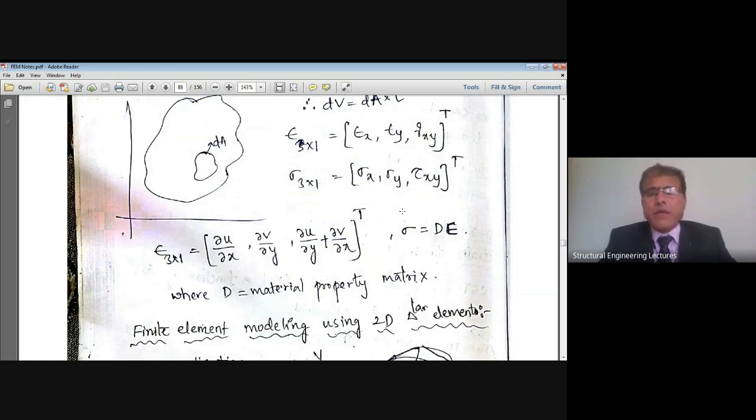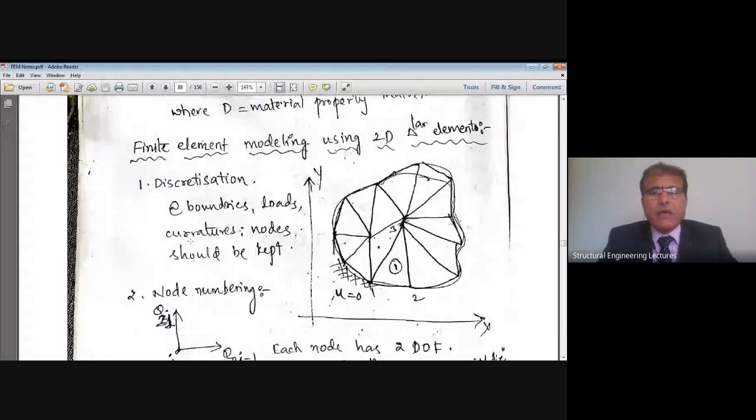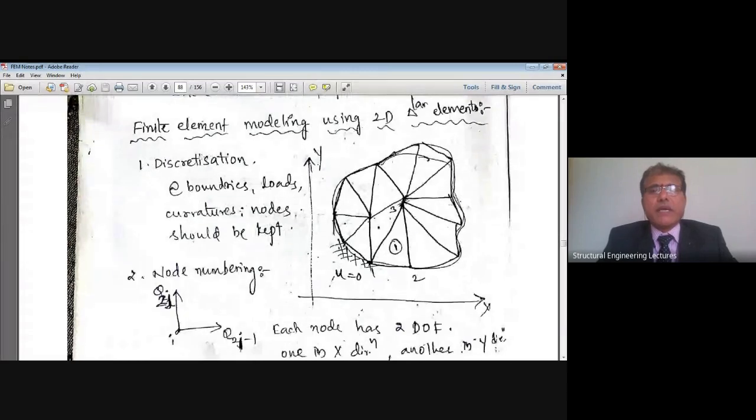And we also know that stress sigma is written as D multiplied by epsilon, where D is called the material property matrix or constitutive relation matrix or material matrix, epsilon is the strain vector, and sigma is the stress vector, right? That is all. These are in general. Now let us move to the next subheading, finite element modeling using 2D triangular elements.